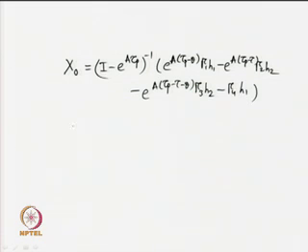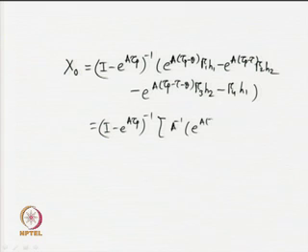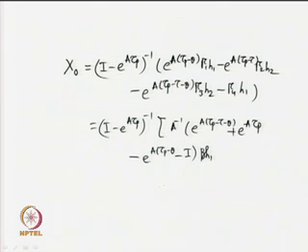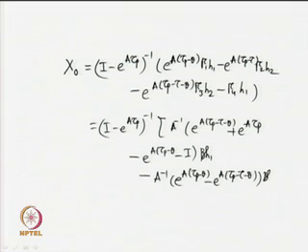When the gammas are substituted, finally one obtains x 0 in the form of I minus e to the power a tau p inverse with a inverse e to the power a tau p minus tau minus theta plus e to the power a tau p minus e to the power a tau p minus theta minus I b h 1, with another term minus a inverse e to the power a tau p minus theta minus e to the power a tau p minus tau minus theta times b h 2.